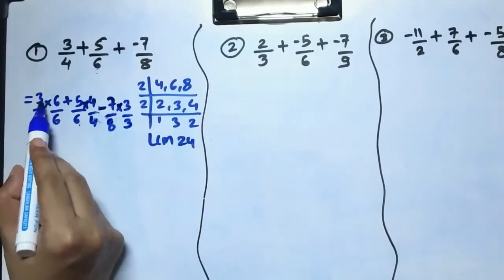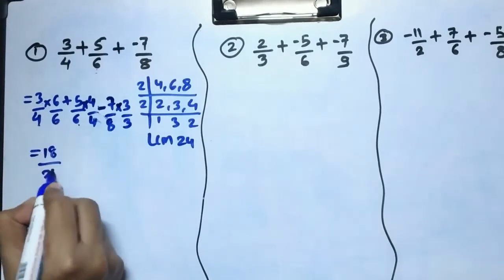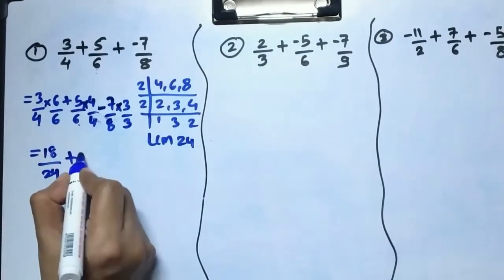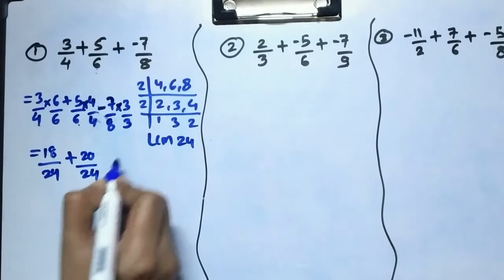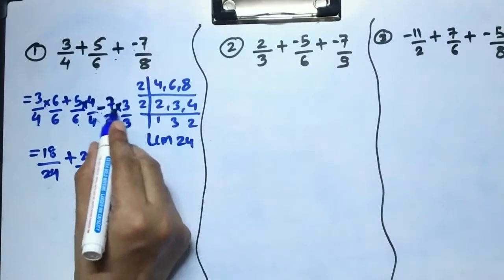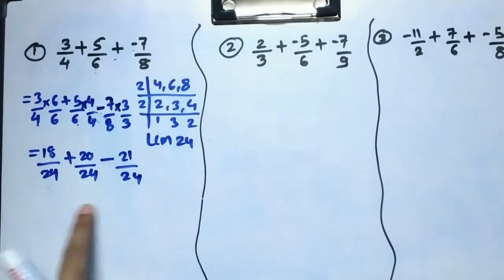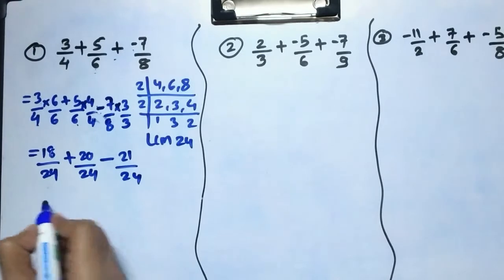Now we take out the products of the numerators. 6 3s are 18 divided by 24, plus 5 4s are 20 divided by 24, minus, friends, here plus minus will be minus: 7 3s are 21, over 24. Observe this stage: you get all the denominators equal.